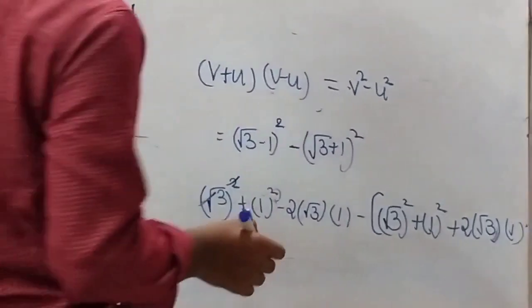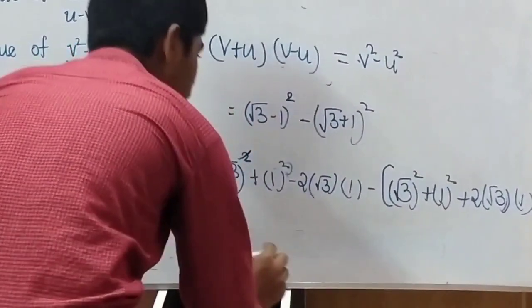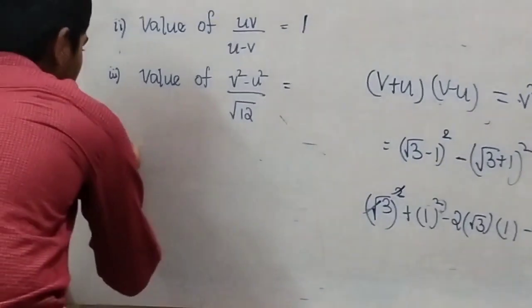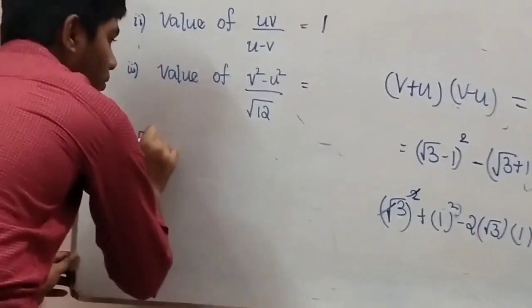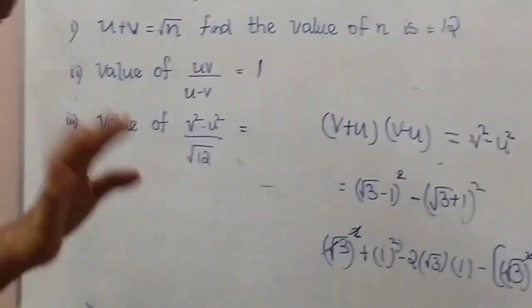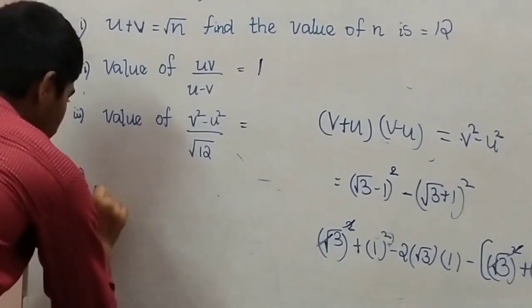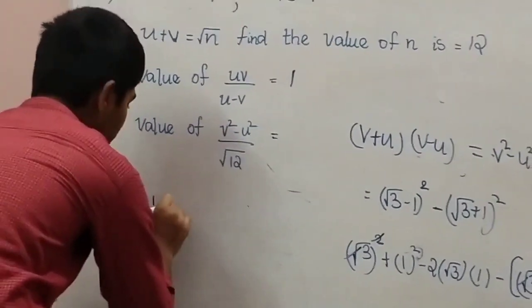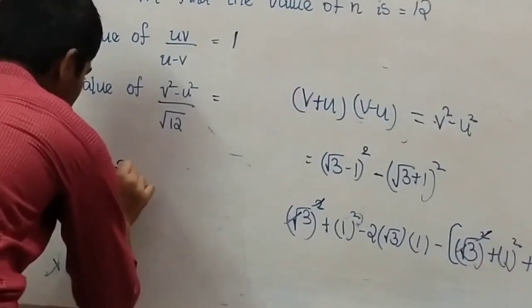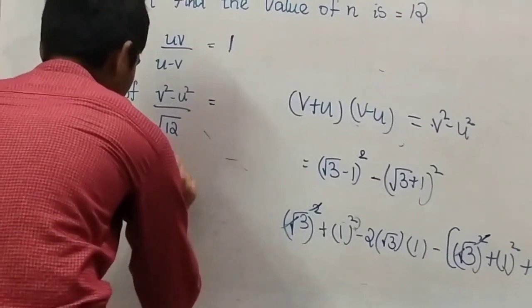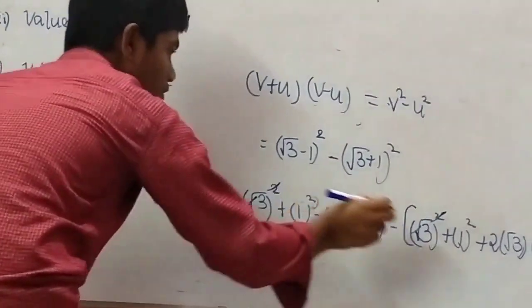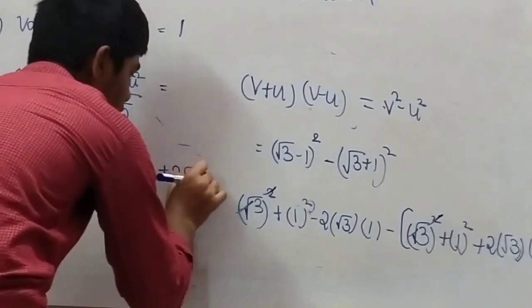Now the square and root cancel, the square and root cancel. Root 3 into 1 is 2 root 3, so 3 plus 1 minus 2 root 3, minus 3 plus 1 plus 2 root 3.